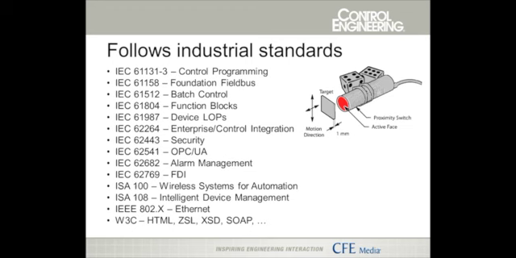We have IEC 61131-3 programming for discrete control. We have 61512 or ISA 88 for procedural control. We've got security 62443 for industrial automation and control system security. We've got standards for FDI, field device integration, alarm management. All of these are really the basis for the industrial Internet of Things.